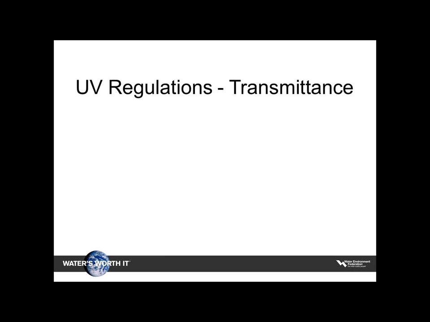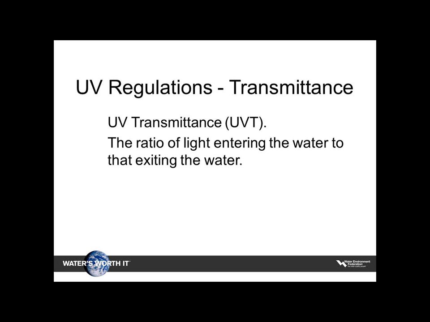So since that's all over the place, let's look at transmittance regulatory requirements, and again, these 5 different states. UV transmittance, again, is the ratio of light exiting the water divided by the light entering the water itself.